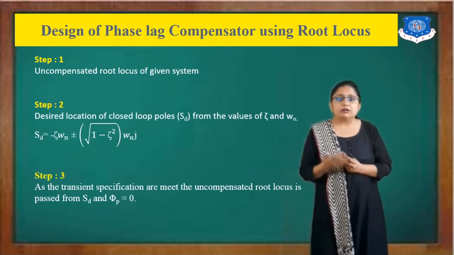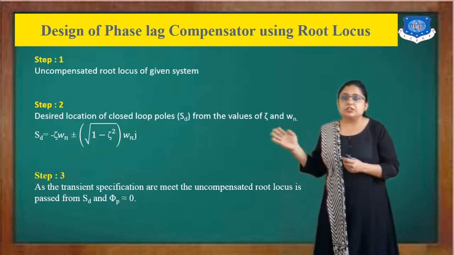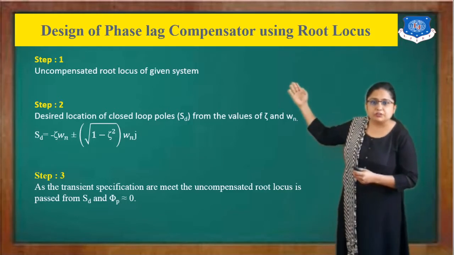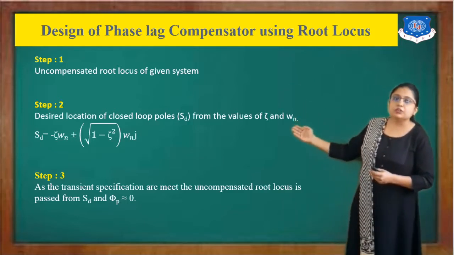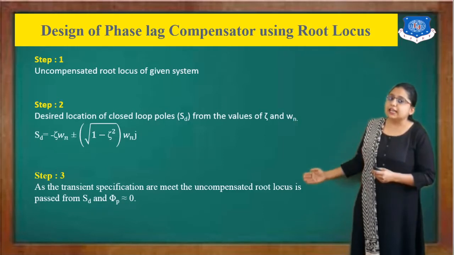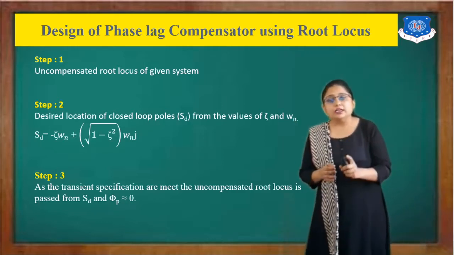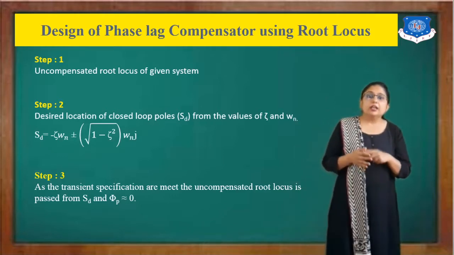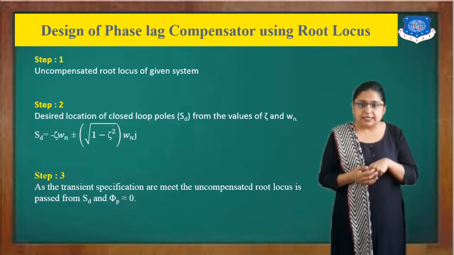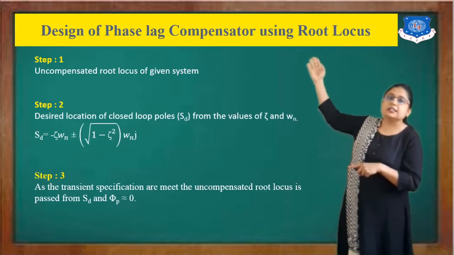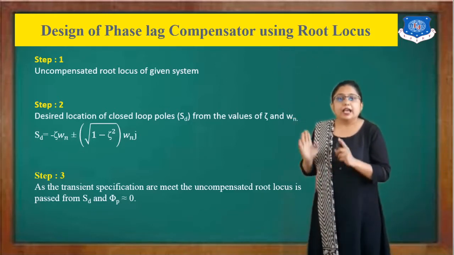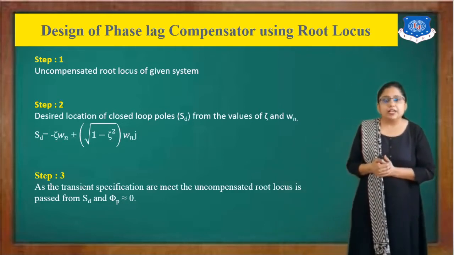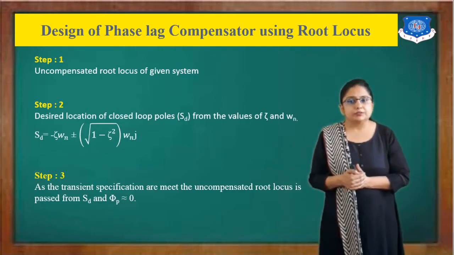So how can you realize which compensator to use? You have to draw the uncompensated root locus, then find the s_d and check whether your uncompensated root locus passes through the s_d or not. If it passes through the s_d, then it's a phase lag compensator. And if it does not pass through the s_d, it's a phase lead compensator.